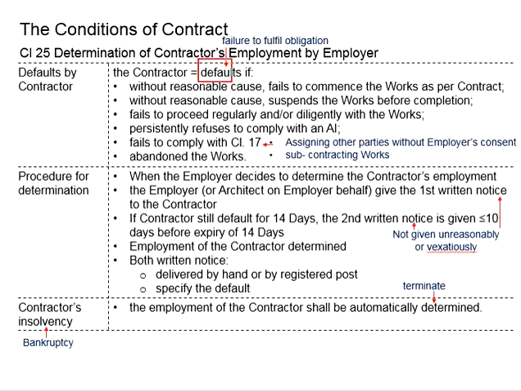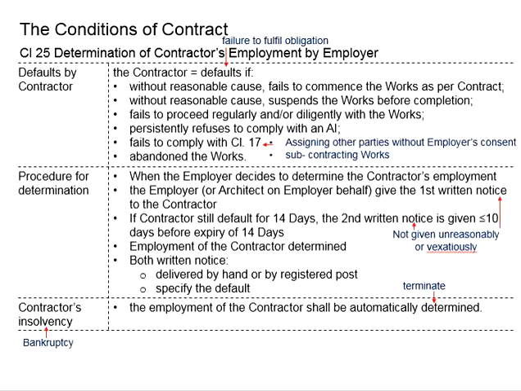The meaning of default here is failure to fulfill the obligations. That means something is wrong with the contractor and the employer cannot work with the contractor. In order to prevent damage, the employer can decide to remove the contractor from the project.